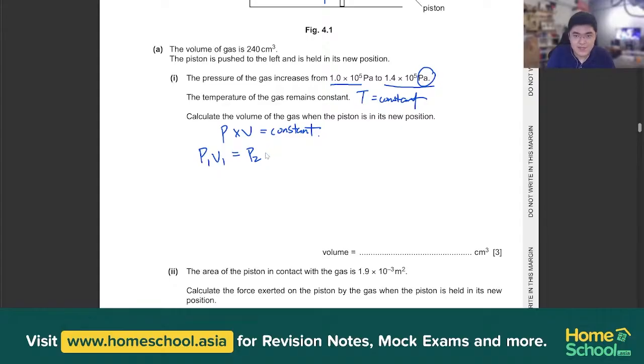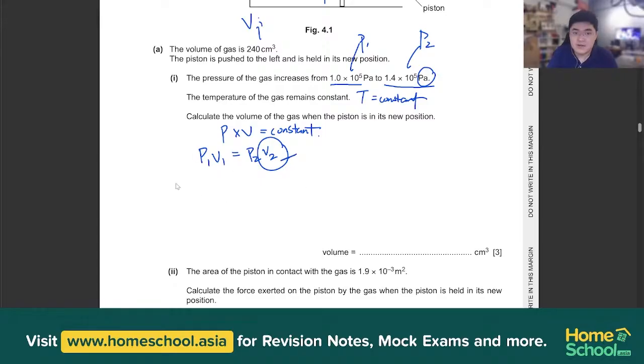Let's write it a little bit neater. So this is pressure 1, this is pressure 2. Temperature remains constant. The initial volume is this. So we need to find V2. This is the subject we need to find. So let's rearrange this afterwards.